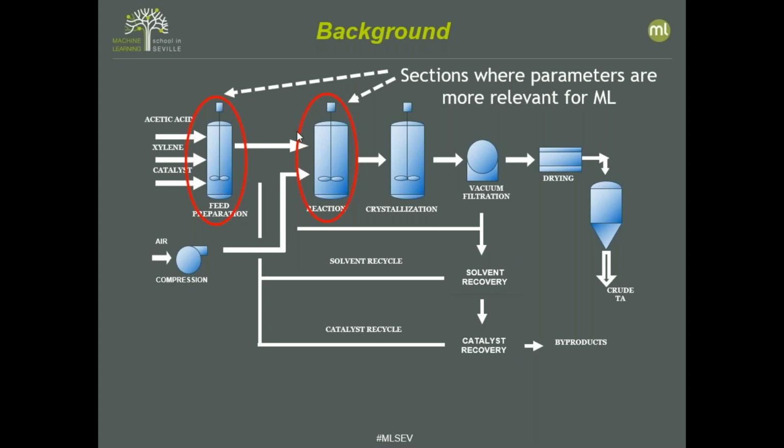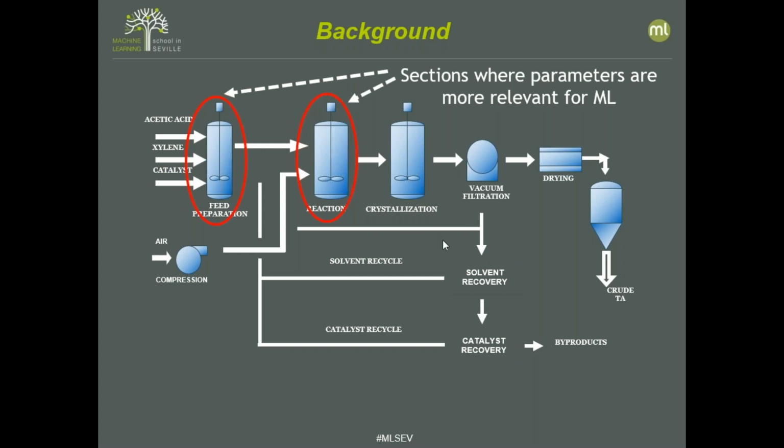Something that might seem simple in this sketch has, however, many variables involved behind. There are catalyst effects, and there are several catalysts, every one with effects in reaction, independently or associated to each other. There are silane concentration effects.